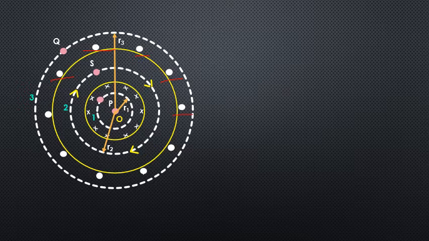This is the outer radius of the toroid, and this is the inner circle, or you can say the inner diameter of the toroid.